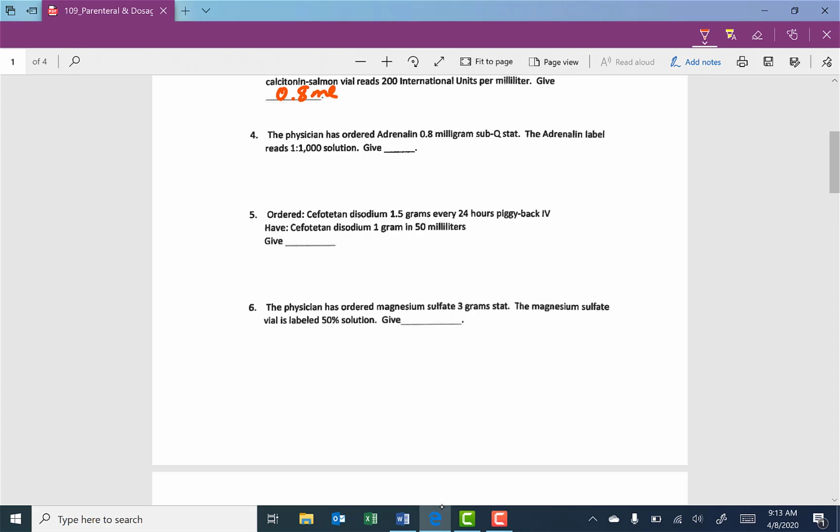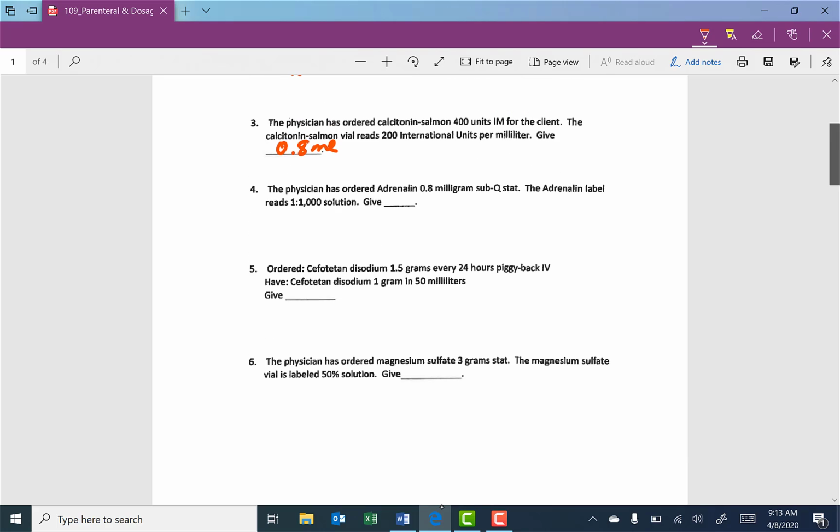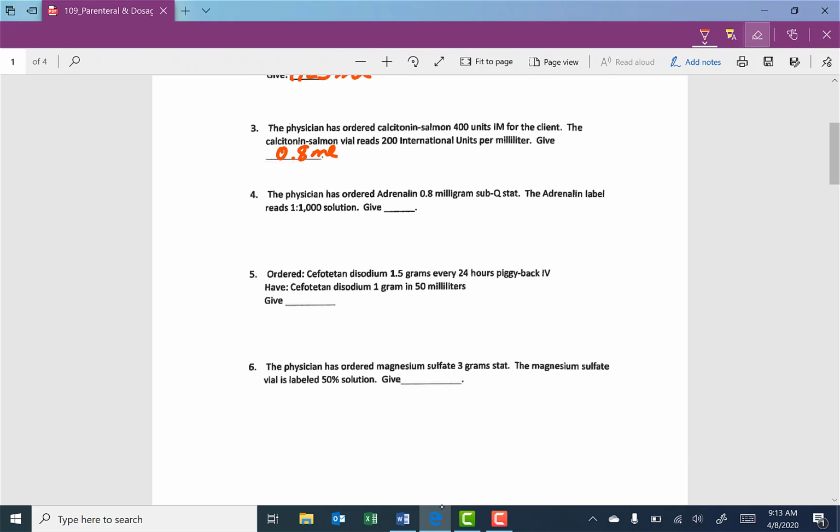And let's find our problems here. Number 4, whoops, it looks like number 3. Sorry, I think I made an error there. Number 3 was actually 2 milliliters. And number 4 then is 0.8 milliliters.